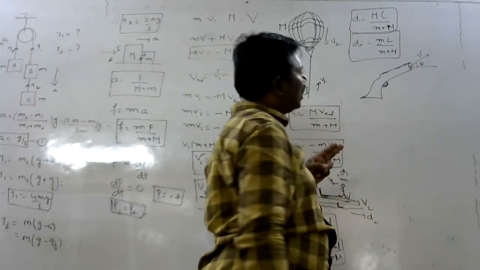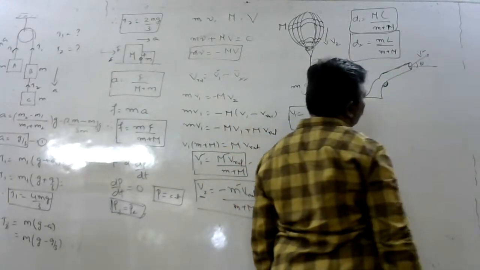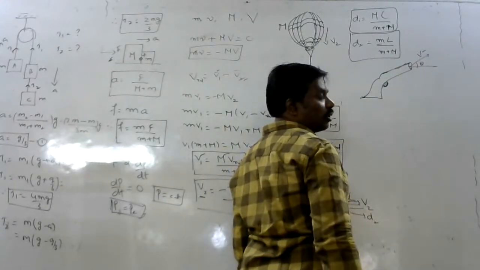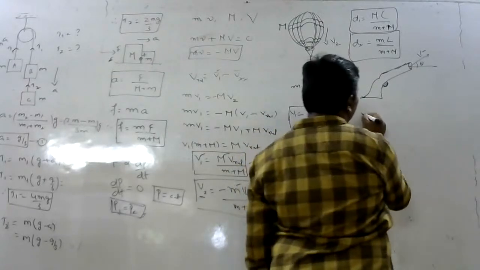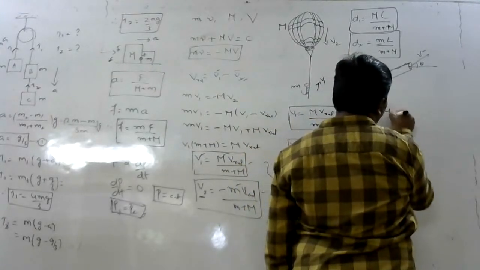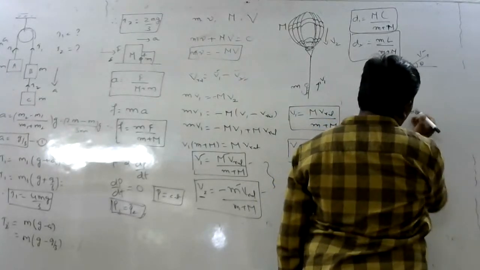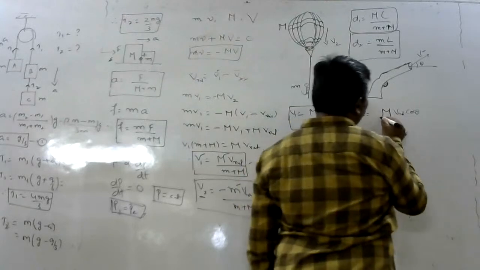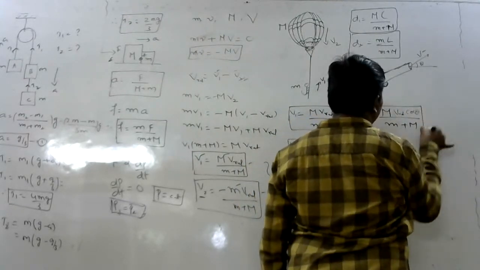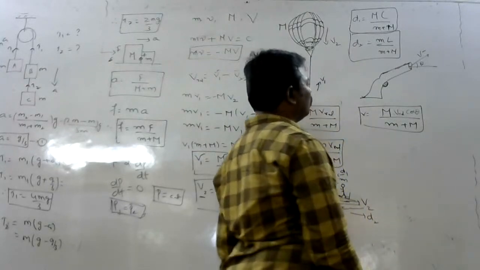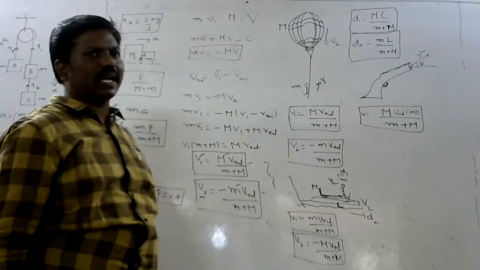So a barrel of gun inclined at theta. So find the velocity of bullet with respect to gun. So V is equal to capital M V relative cos theta by small m plus capital M.